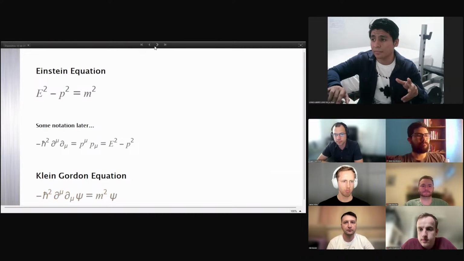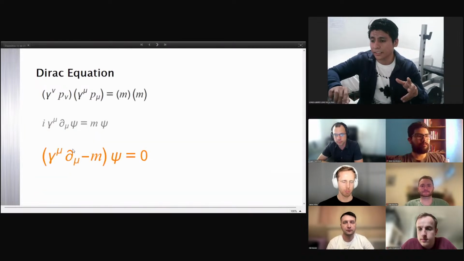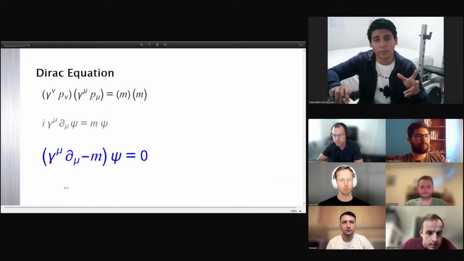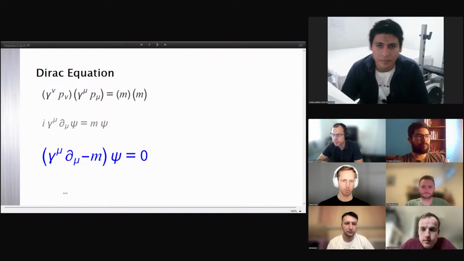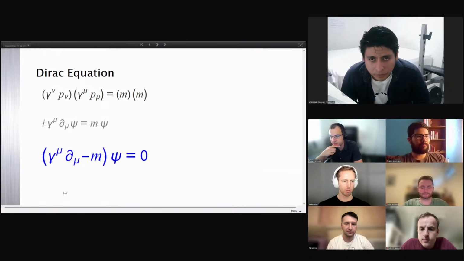So the second attempt, the Dirac equation, has just a first order operator. I don't know if it's clear now.